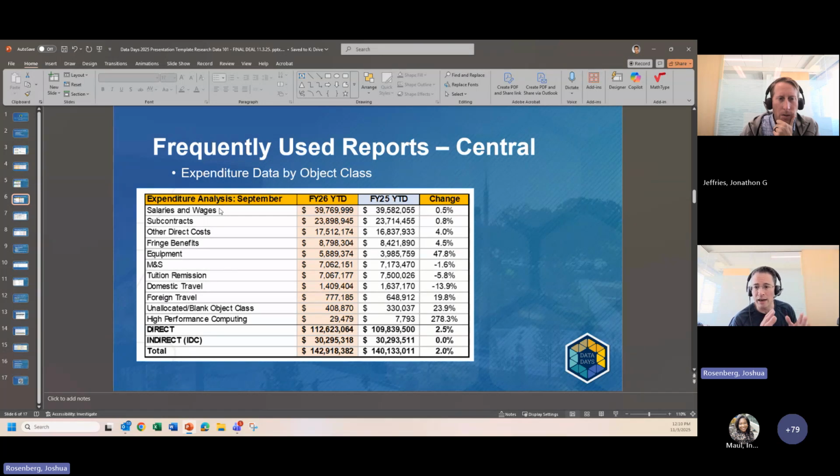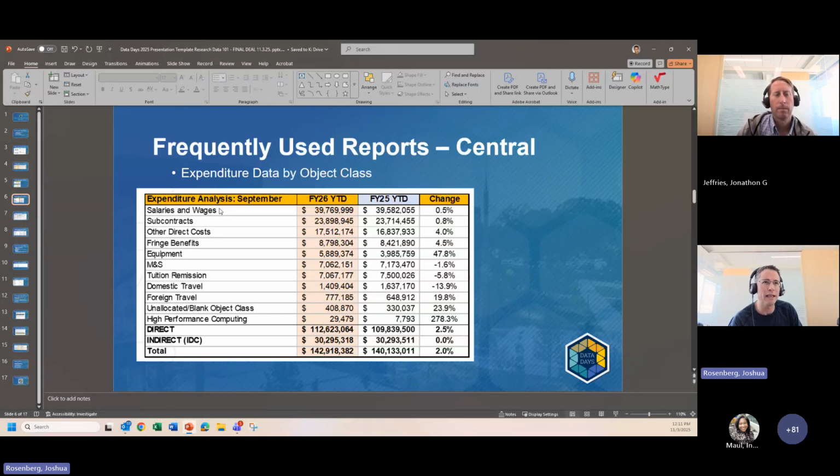And so this allows us to get a feel for what we may be recovering in indirect cost if we see where the growth is in whether it's F&A bearing object classes or non-F&A bearing object classes. So this is tremendously beneficial to us to be able to track it at this level.